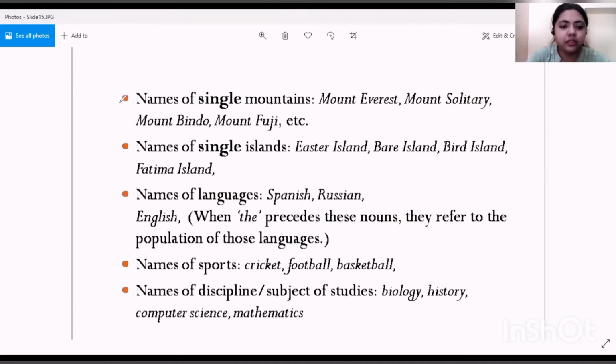Now names of languages are also not preceded by any article, like Spanish, Russian, English. We never say we speak the English. We always say we speak English. So whenever you have to say any language, please never ever precede it by any article.